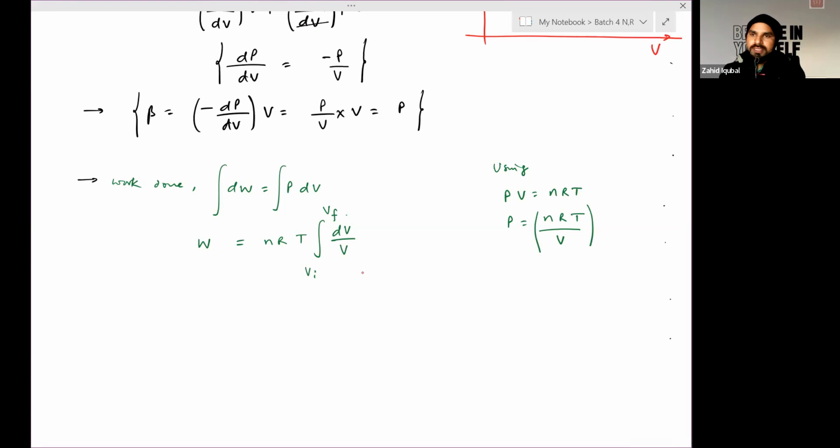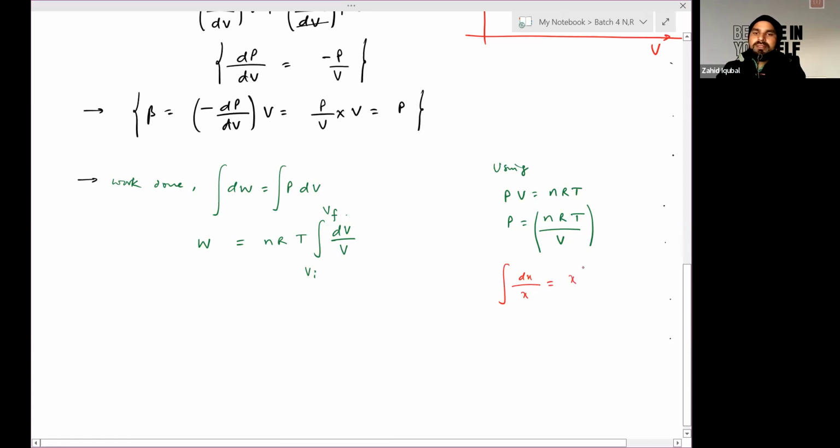What will be the integration of 1 over x, that is dx over x?